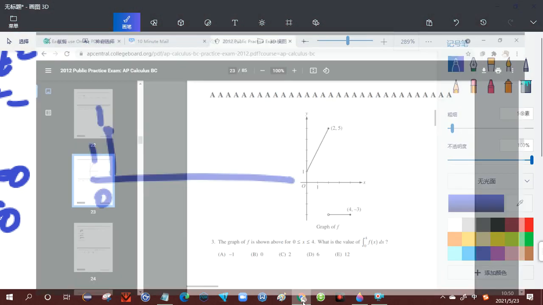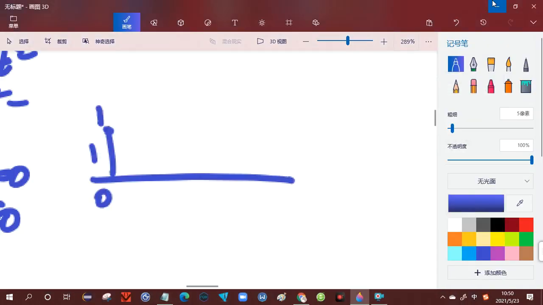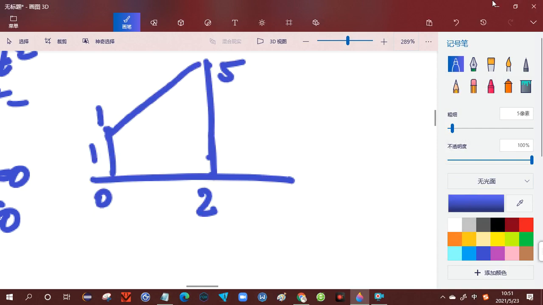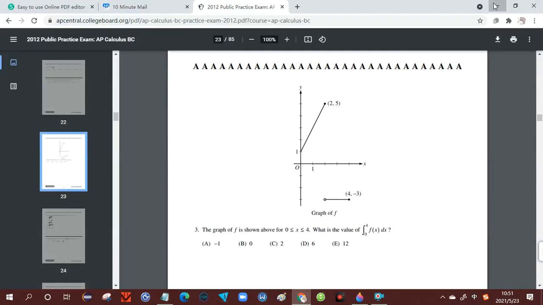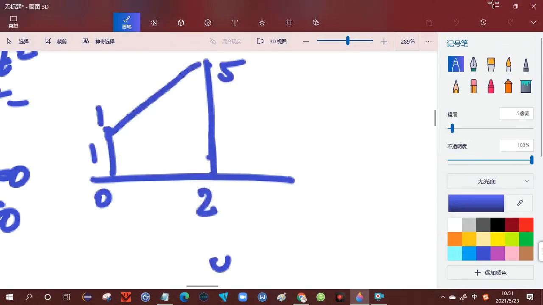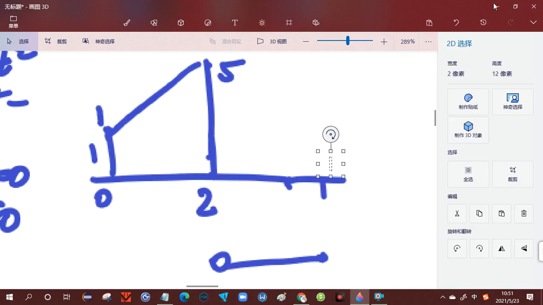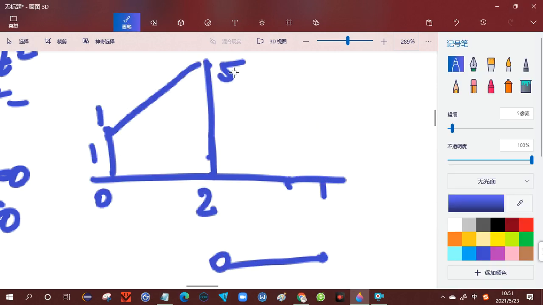The upper part goes from 0 to 2 with height 5, and the lower part, on the other hand, goes from 2 to 4, with a depth of negative 3.